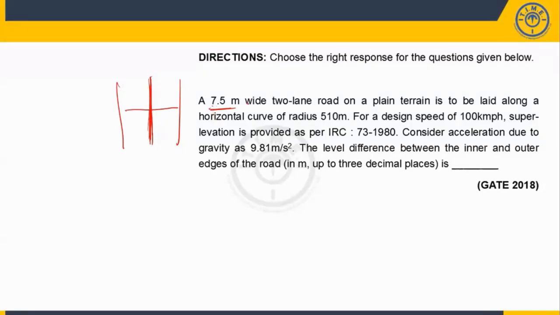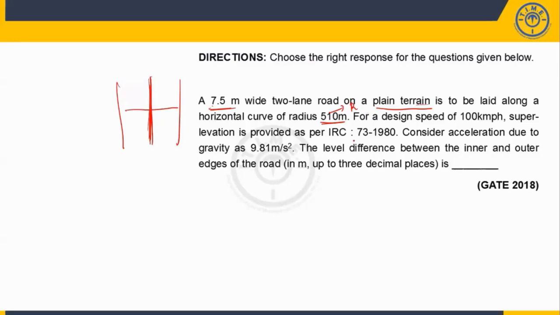One lane is 3.5 meters. A 7.5 meter two lane road on plain terrain is to be laid along a horizontal curve of radius 510 meters for a design speed of 100 kmph.